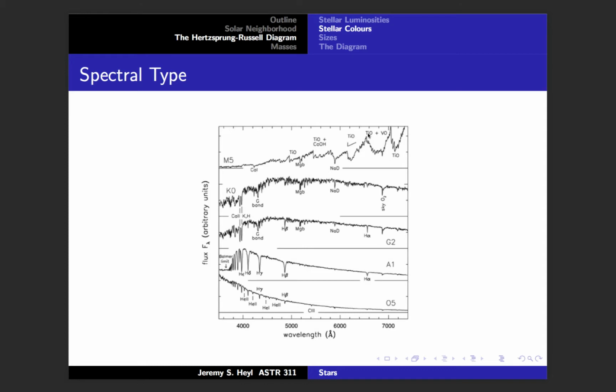And then if I go to a hotter star, the K star, that's a bit cooler than the sun. You can see in the K star, this is like maybe 2,000 degrees, this is maybe 4,000 degrees. There's no more molecules, right? The molecules are gone. And the lines of the atoms that we see are from the atoms in the first two columns of the table, right, over here.